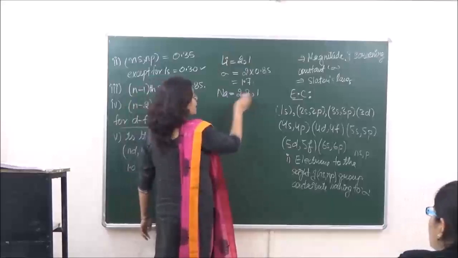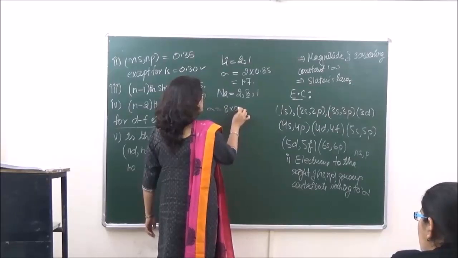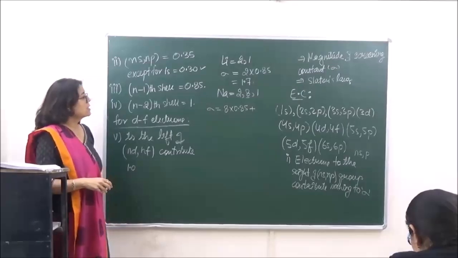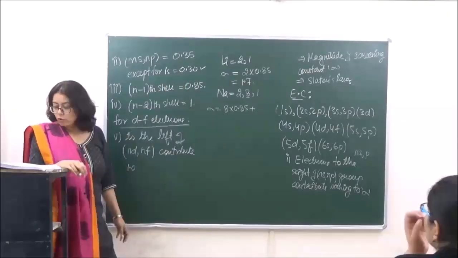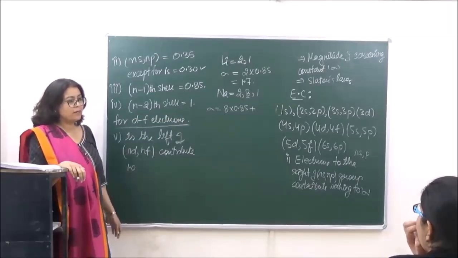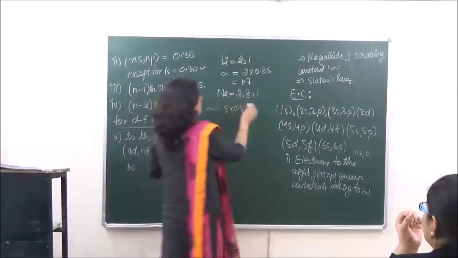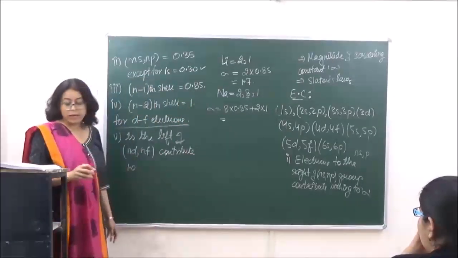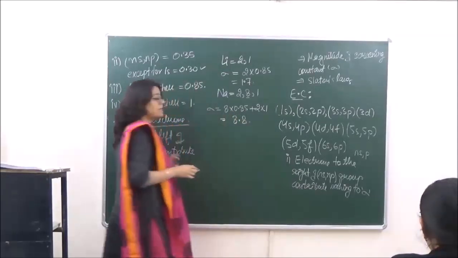So sigma will be equal to 8 into 0.85, plus there are 2 electrons in the n-2 shell, where the contribution is 1. So 2 into 1. This comes to 8.8. So the shielding constant here is 8.8.